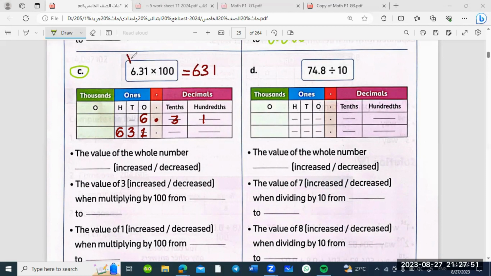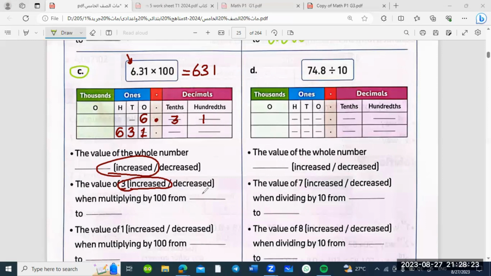Now your number was only 6 and 31 hundredths, but now it's 631. So it's increased, getting bigger. The value of 3 increased also. From what to what?